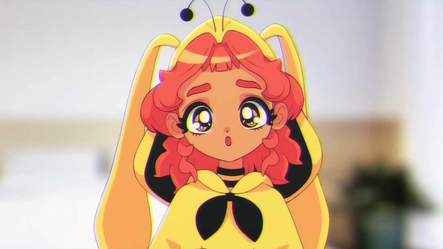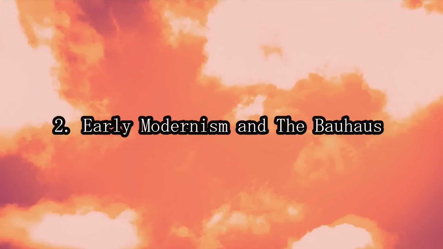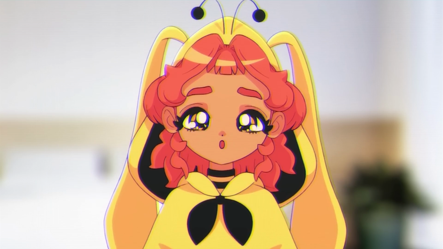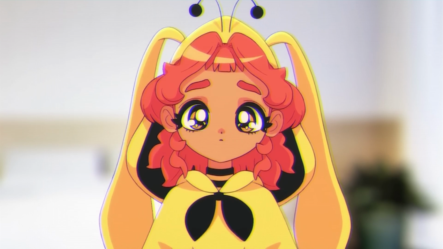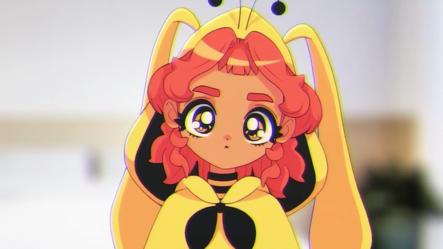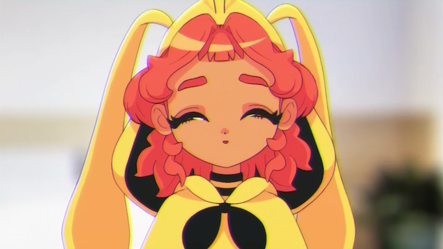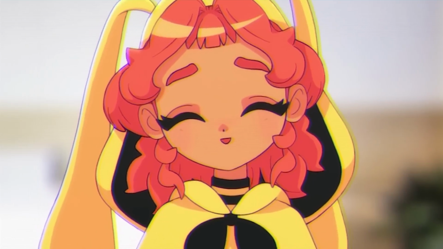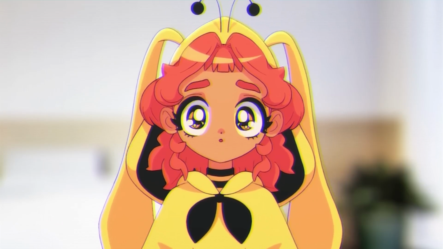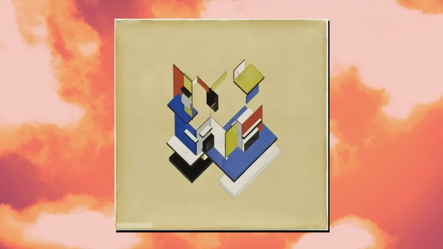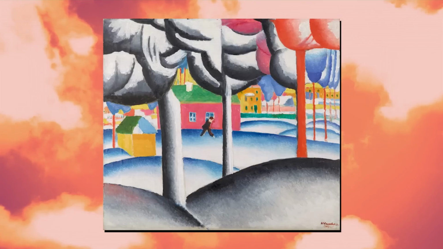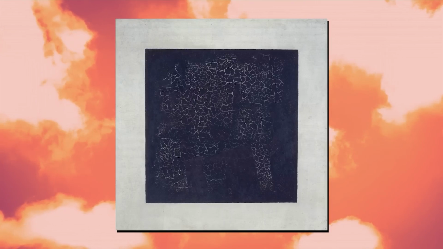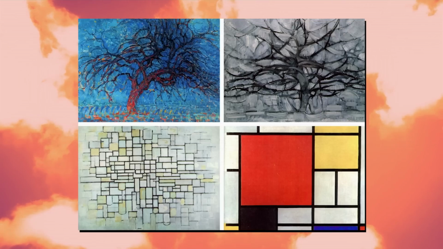Now we move to our second era, which is early modernism and the Bauhaus. In the early 1900s, we were experiencing a large shift in the world, from the era of kings and empires and the elite to a world of more democratized information, industrial development, and modernization, and all these huge changes. Out of this came art movements that sought to throw away decoration, detail, and even recognizable forms, like no more people, no more animals, no nothing.